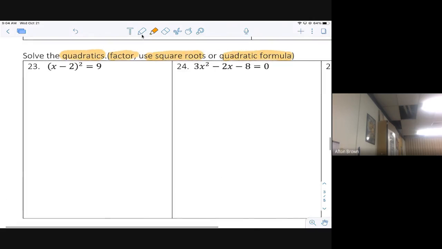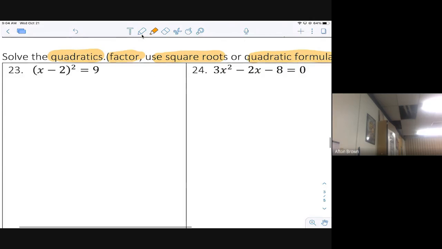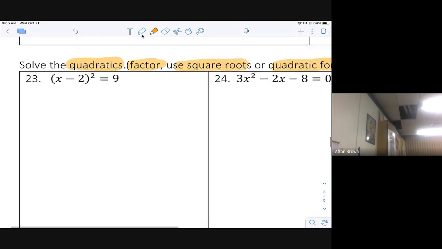So if we look at 23, I can use factoring. Does that look like something I normally factor? No. Square root. Can I free up that squared thing with the square root? And that 9 looks pretty happy being square rooted because it's positive.